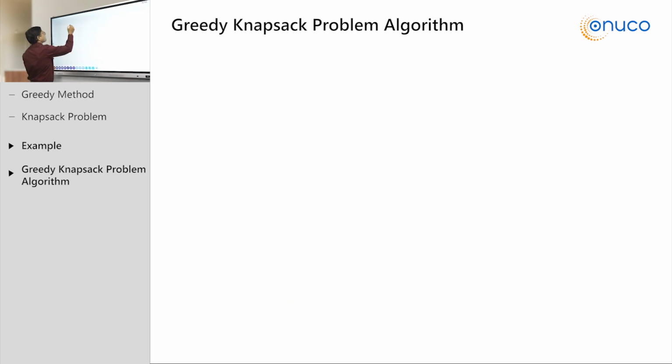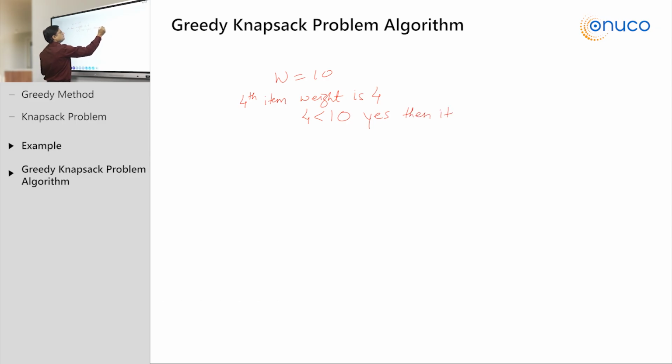So see that the total weight is 10 and the fourth item's weight is 4. Hence, is this 4 lesser than 10? Yes. Then item 4 is selected.